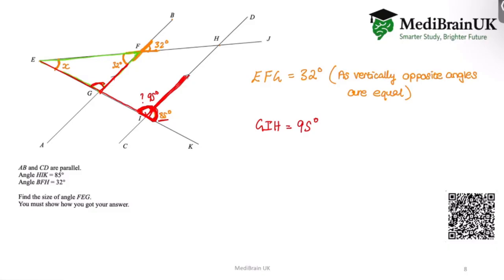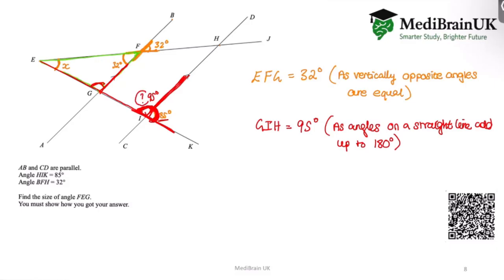And our reasoning for that is because we've got a straight line over here, which is 180 degrees, so this one is going to be 180 subtract 85 degrees, as angles on a straight line add up to 180 degrees. That's how we know GIH is 95 degrees.